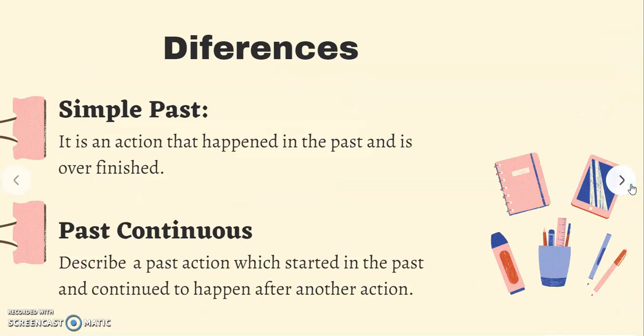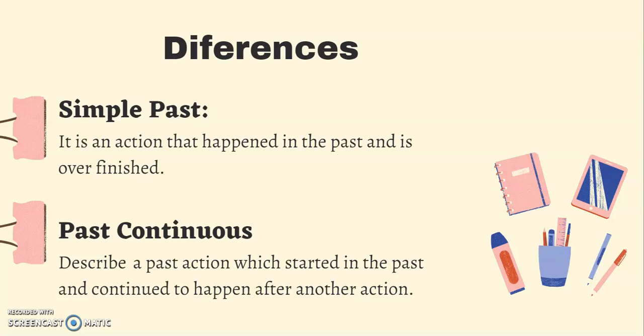And if you see here, I have the differences between both simple past and past continuous, and I have one meaning for each of them. The first is simple past. It is an action that happened in the past and is over, finished. It is something that happened in the past in short time and finished in the past.